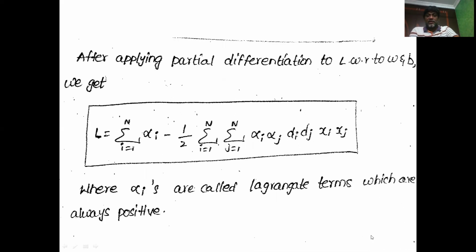If we partially differentiate this with respect to w, we get L equals summation i equals 1 to n alpha i minus half into summation i equals 1 to n, summation j equals 1 to n alpha i into alpha j, di into dj, xi into xj, where alpha terms are Lagrange's terms, which are always going to be positive, d terms are desired responses, and x terms are the input patterns.